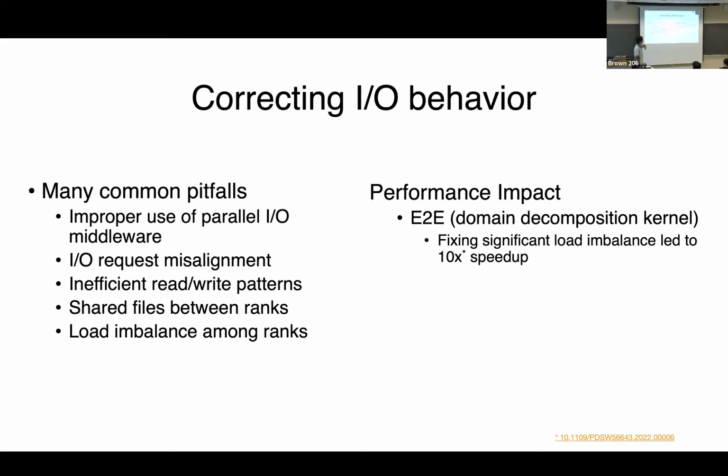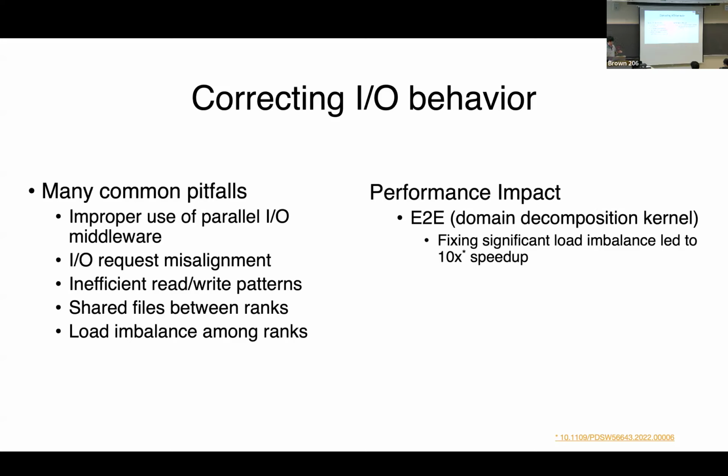E2E is a domain decomposition kernel, which is widely used in many scientific applications. It was reported in our study as well that the load imbalance issue in the original E2E code leads to 10 times worse performance. After we fix it, we get 10 times better performance just by changing that single thing, the IO imbalance.